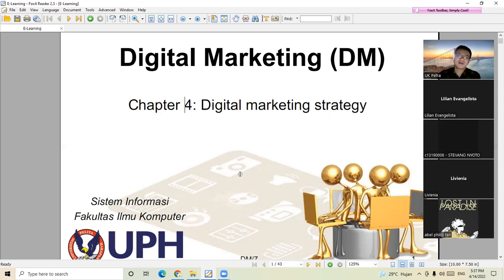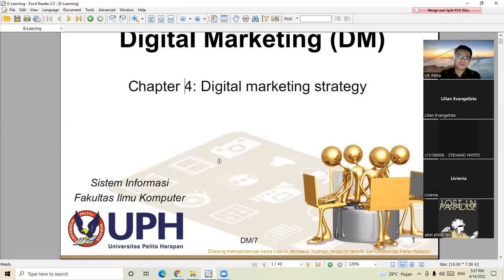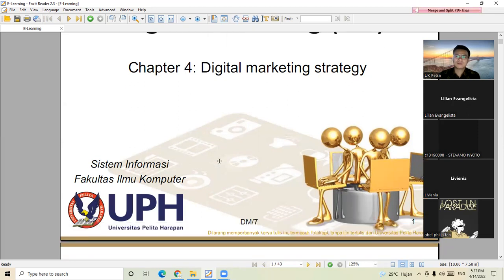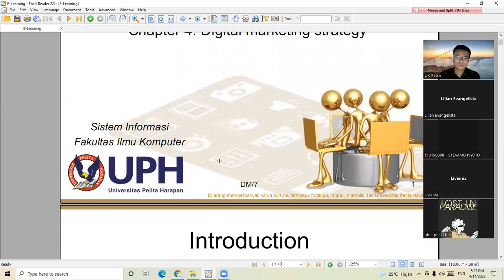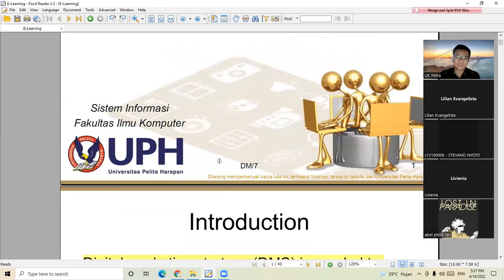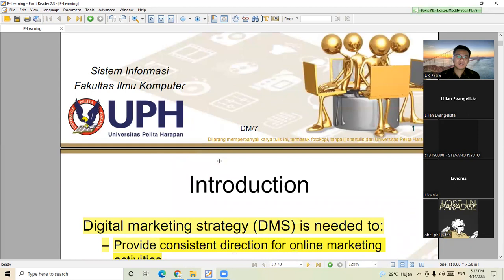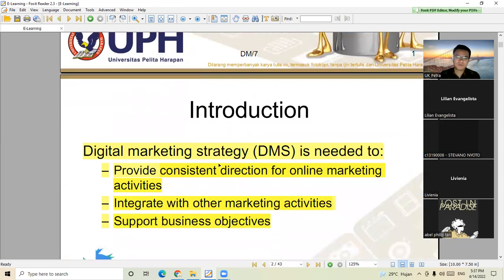Therefore, the digital marketing strategy needs to be carefully formulated using the tools or the best practices that are provided from this book or from other kinds of literature to assist the companies to make better strategy.